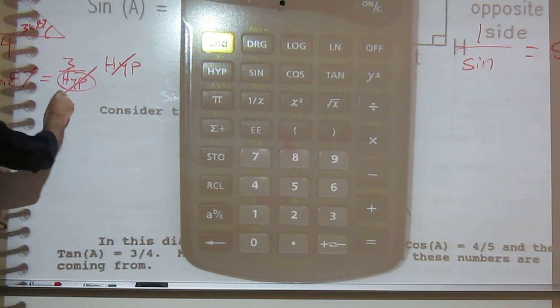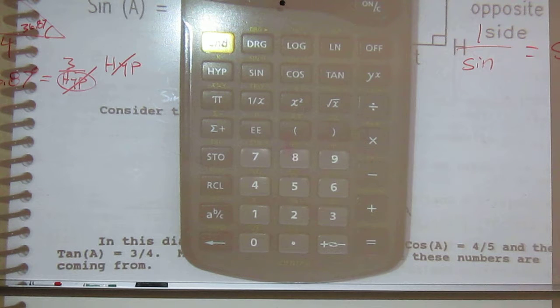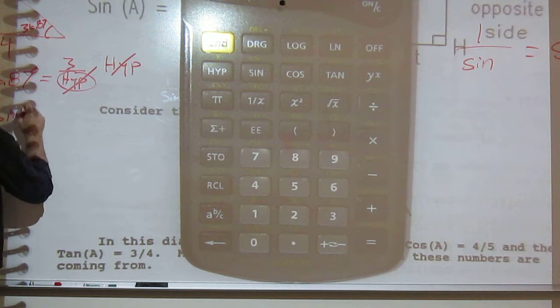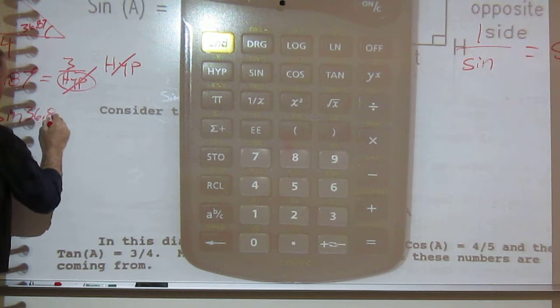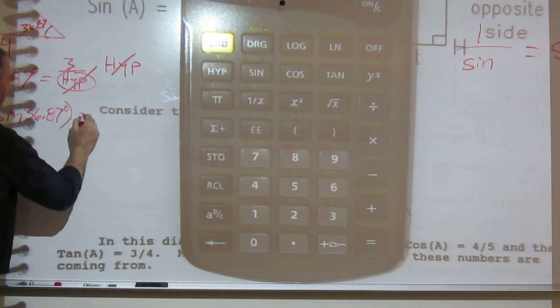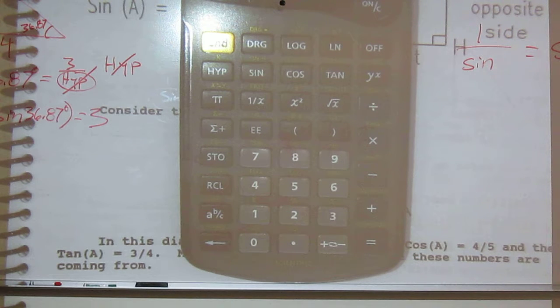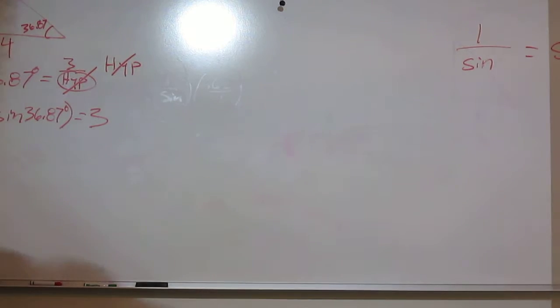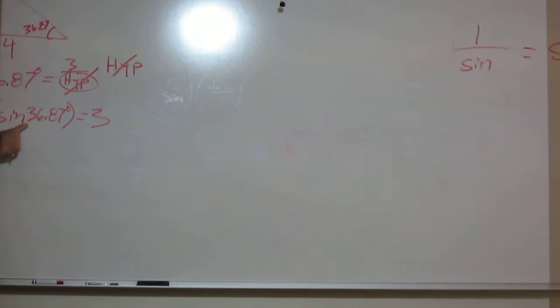This hypotenuse turns to 1. Let me rewrite this equation. I now have the hypotenuse times the sine of 36.87 degrees is equal to 3. Now we need to move this to the other side of the equation.